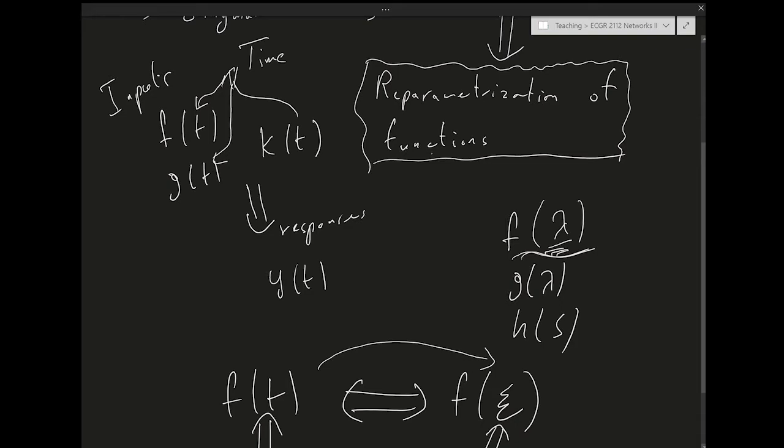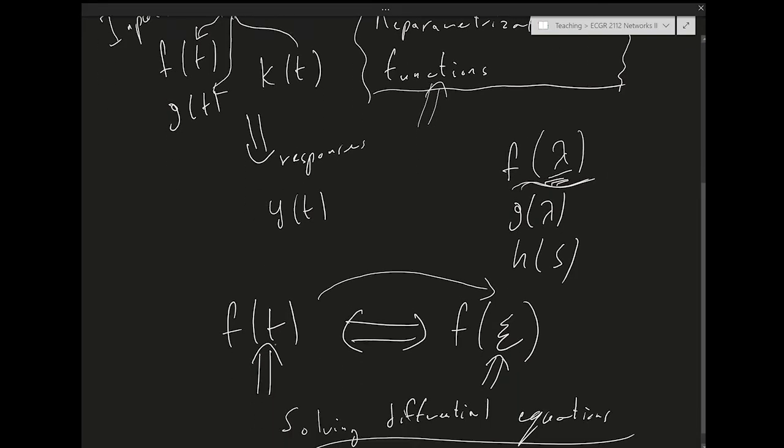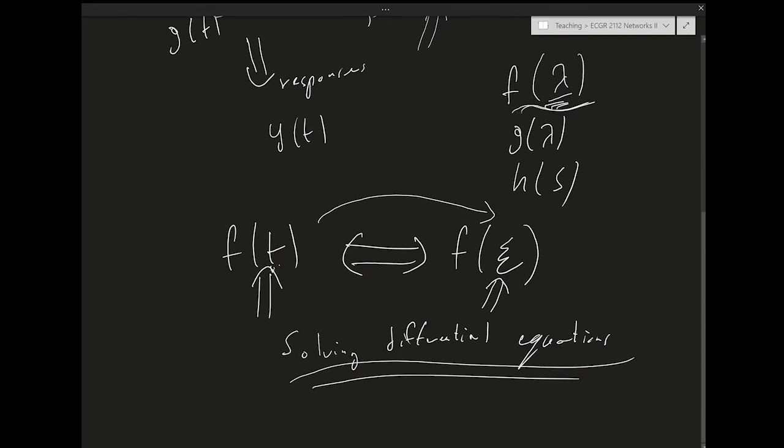The incentive for reparameterization is perhaps that if we move from t as the parameter to some other parameter and transform the signal or the function to that other parameter, maybe solving the differential equation will become easier. If we can make solving the differential equations easier, then we have achieved a successful transformation, and the transformation would be worth it.